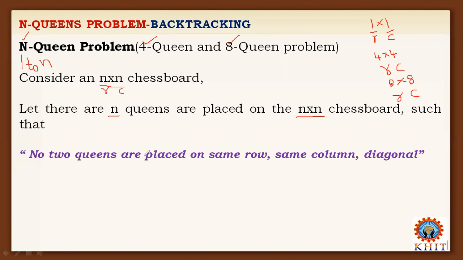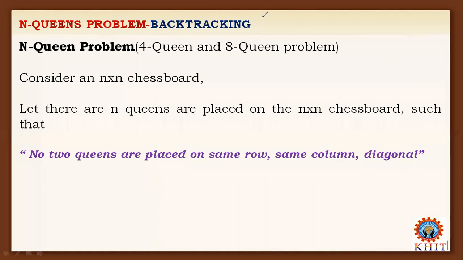No two queens can be placed on the same row, no two queens on the same column, and no two queens on the same diagonal. Same row, not possible. Same column, not possible. Same diagonal also not possible. Other than this, you can place the queens in any efficient way you require.